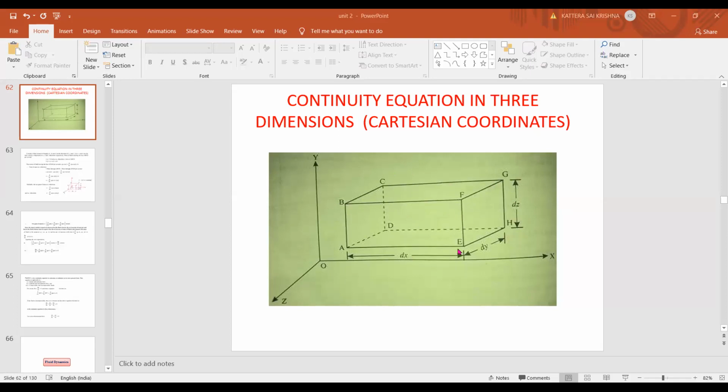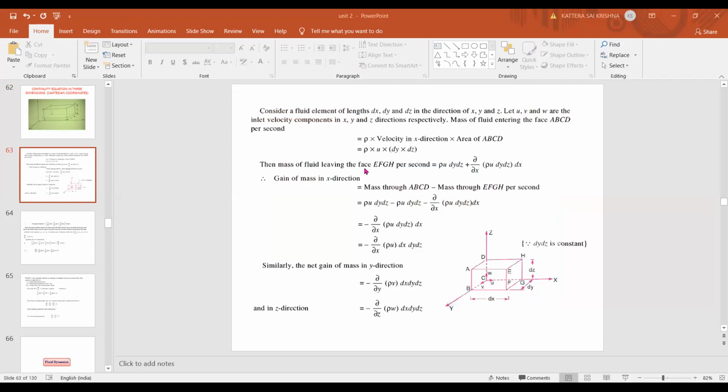Consider a fluid element whose lengths are dx, dy, and dz in the x, y, and z directions. We are taking this as an element of the fluid in the flow.